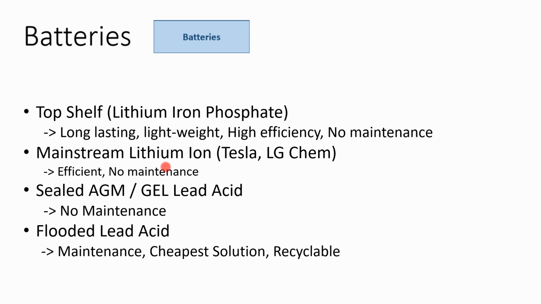Now, I think that the real decision is, are you going to use an AGM or gel lead acid battery versus a mid-range lithium ion battery? Because the lithium ion batteries are about twice as expensive as the sealed AGM or gel batteries, and they have a lot more life and a lot lower levelized cost of storage.